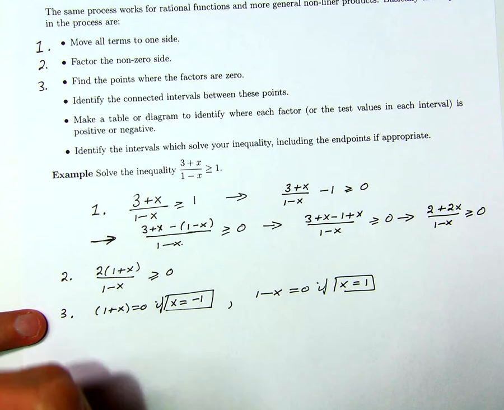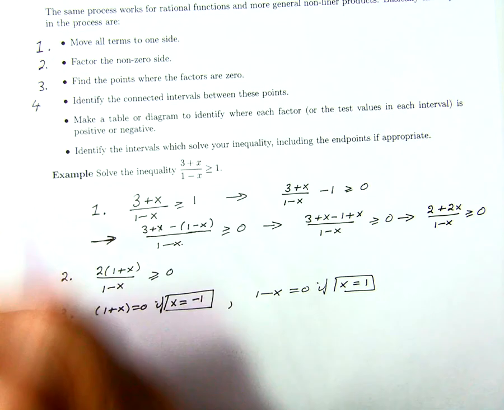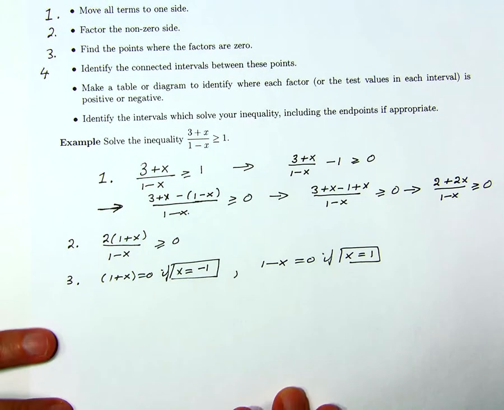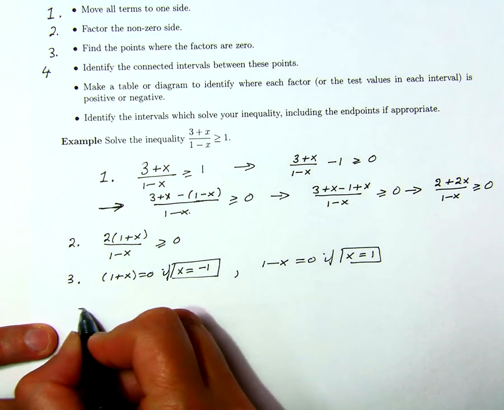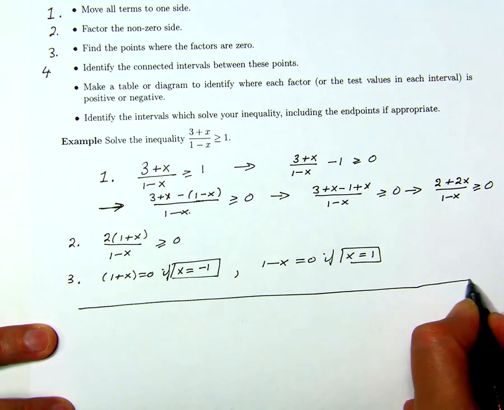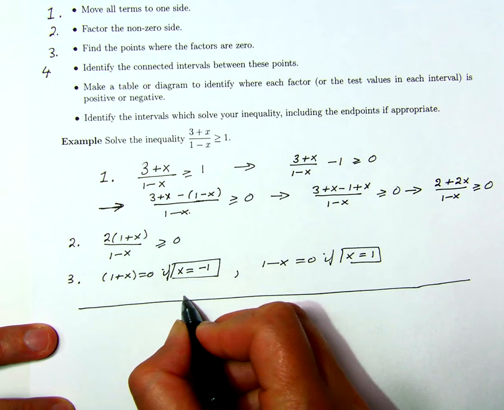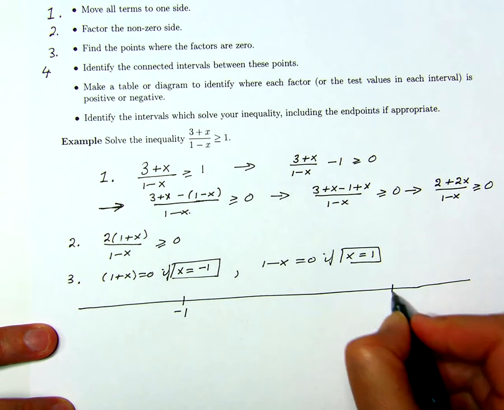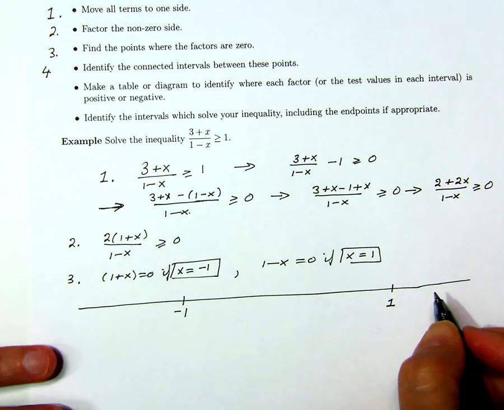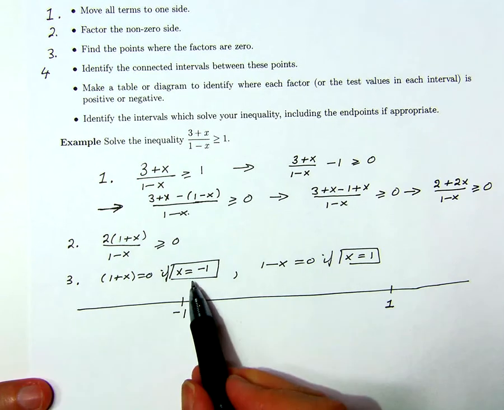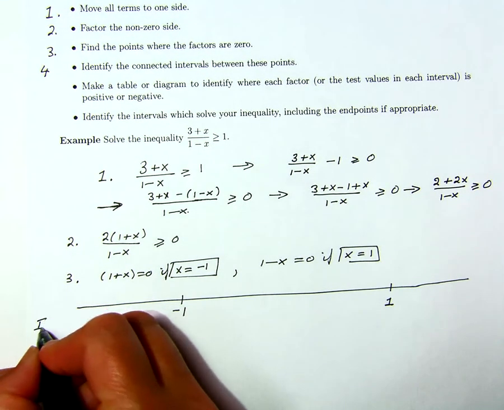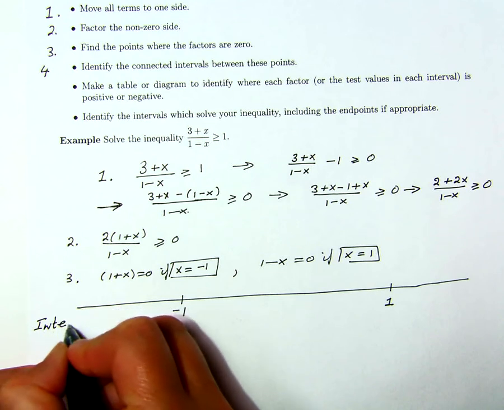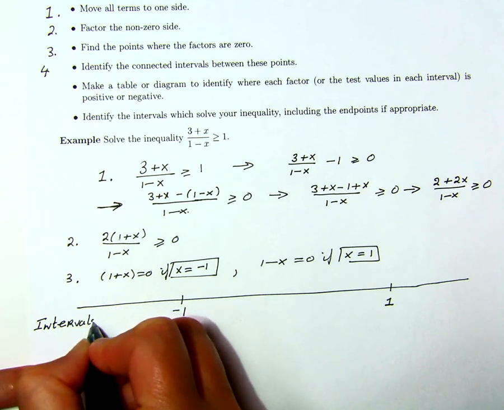Now these points split the real line into 3 connected intervals. And my next job is to identify those intervals. So I can draw a real line, put the zeros of the factors onto the line, and then identify the connected intervals in between these zeros.